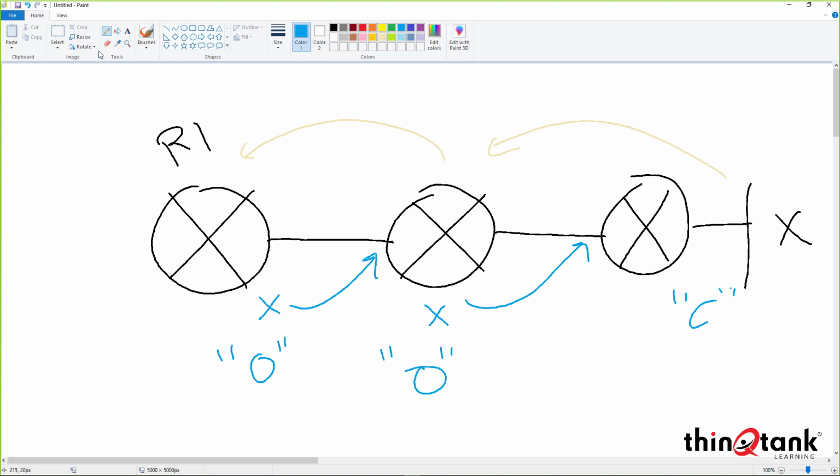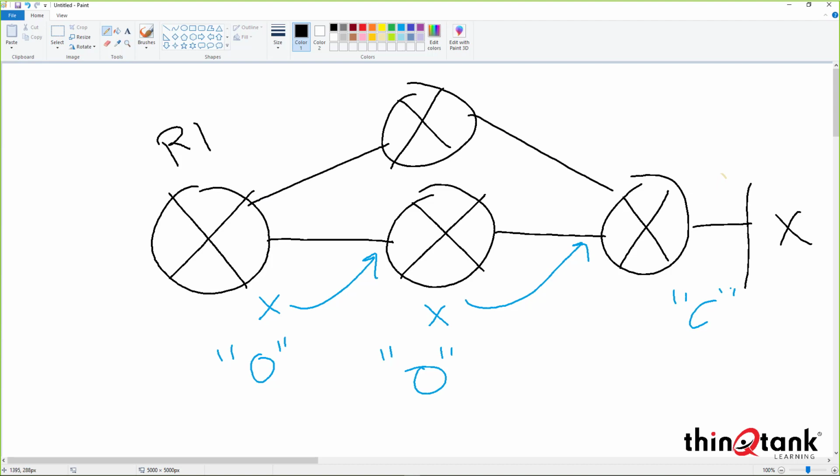So let's say in this particular case, I added another path to this destination. So we have another router here, and maybe we have an alternate path to reach that destination. So now this router here is not only advertising X down this way, but it's advertising X that way. And this router now needs to make a decision.